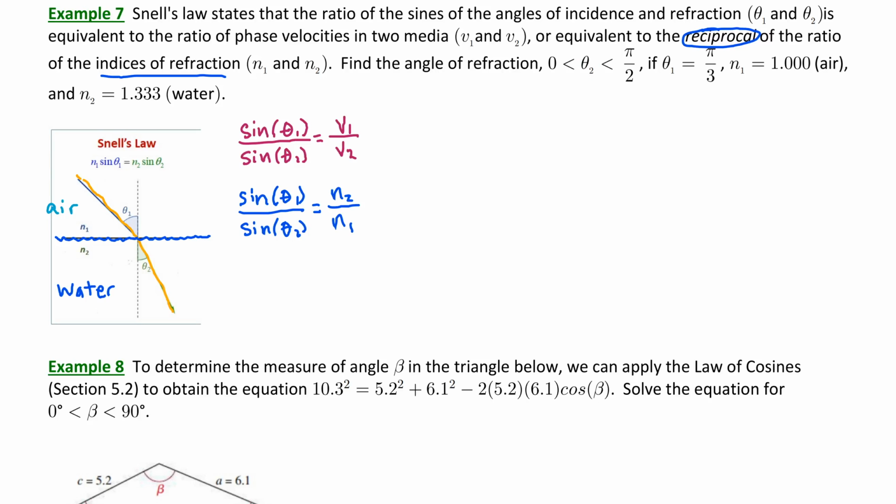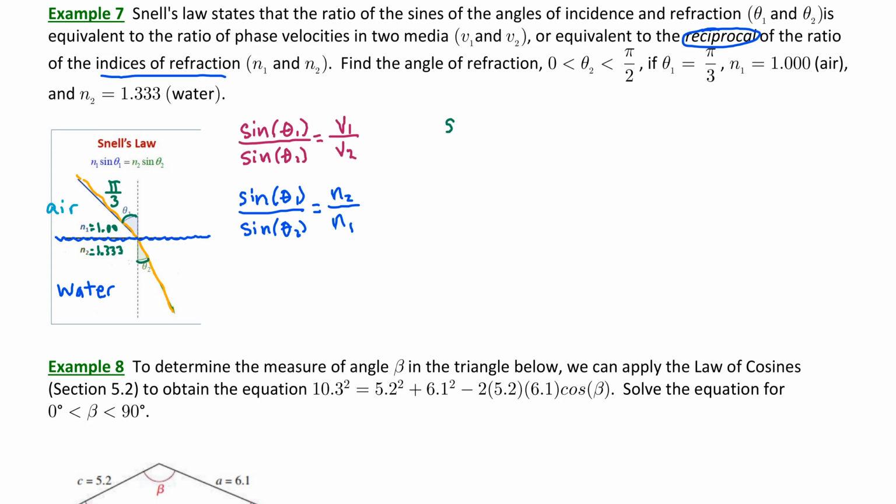Suppose theta 1, the angle of incidence, is pi over 3, also known as 60 degrees. N sub 1 is 1.00, so we're looking at air above this line, and the index of refraction for water is 1.333. These are known measured values. So we want to find the angle of refraction.